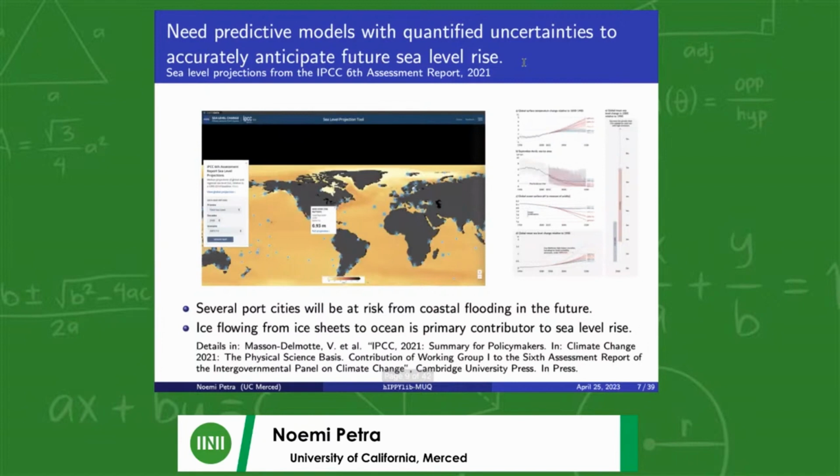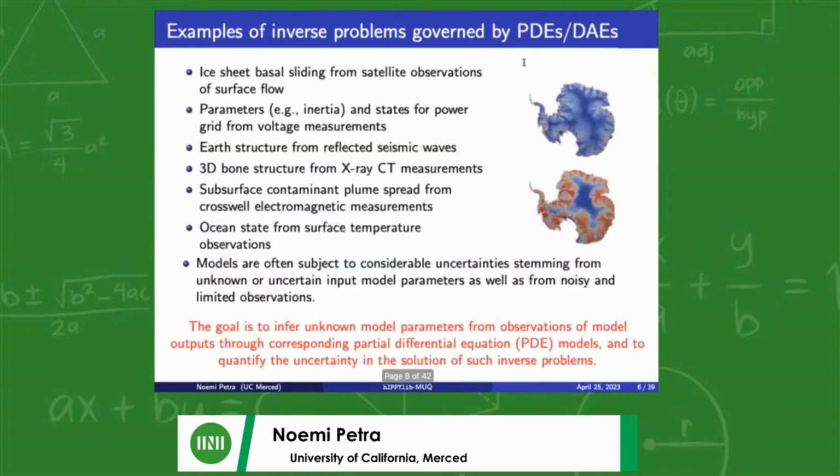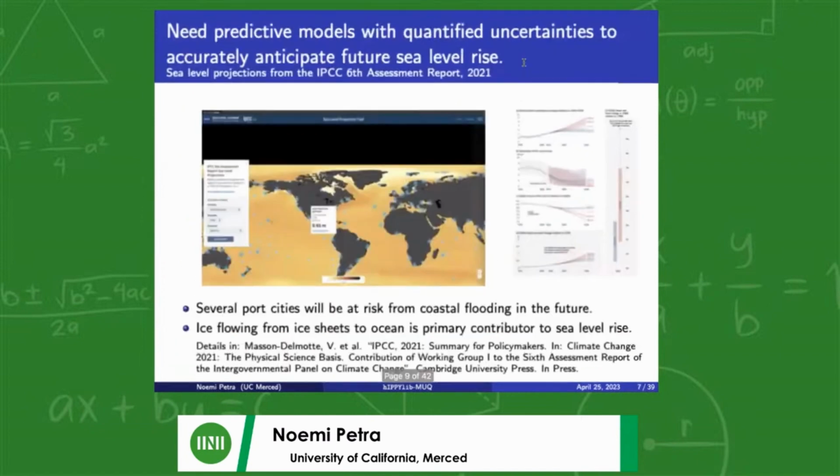Simplifying assumptions, several sources of uncertainties, more or less important in the model, and so on and so forth. And so in order to do prediction, we need models that we can rely on. And good models should give you reliable prediction.